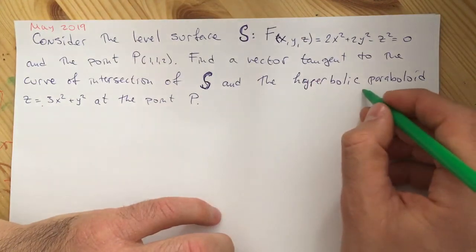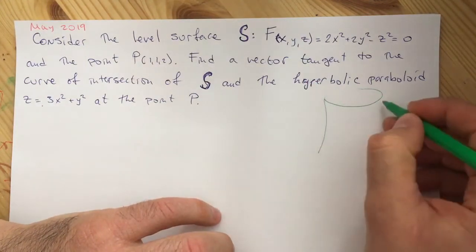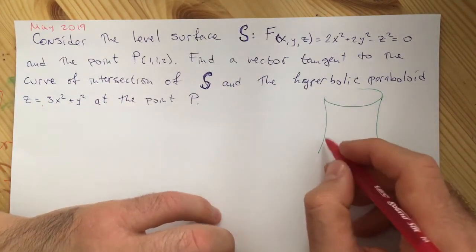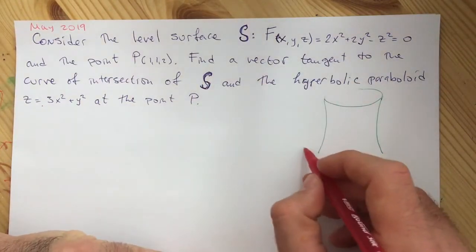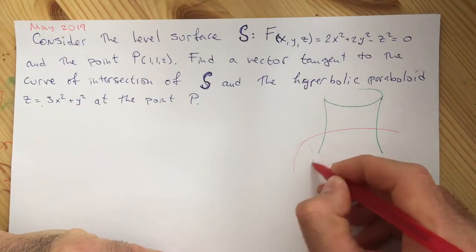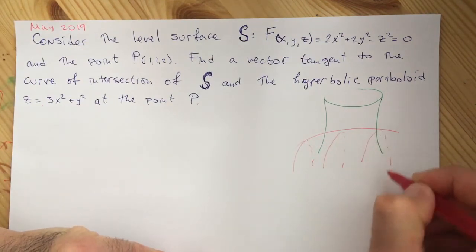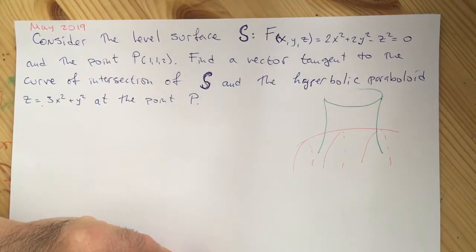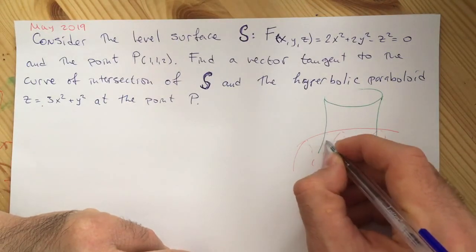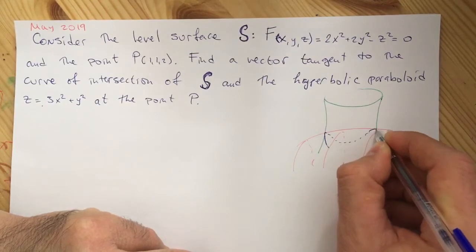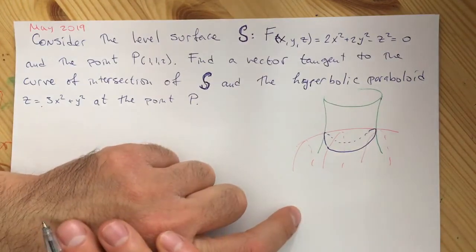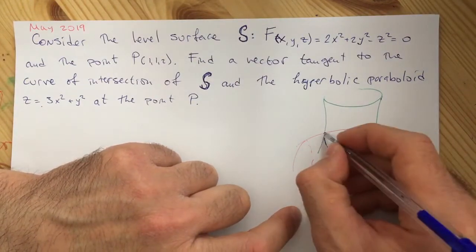If you have one surface like this, and then another surface, I'm not representing these two surfaces exactly, but let's say this is the curve of intersection, and the point P is here.